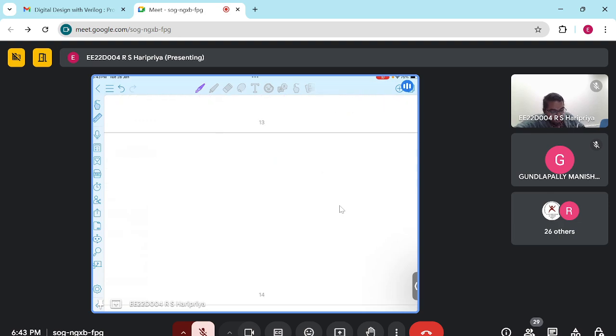Similarly, if you want to convert to canonical POS form, let's consider another example.